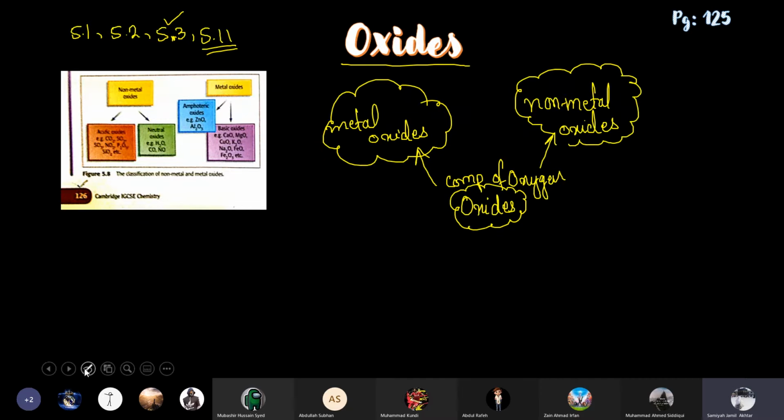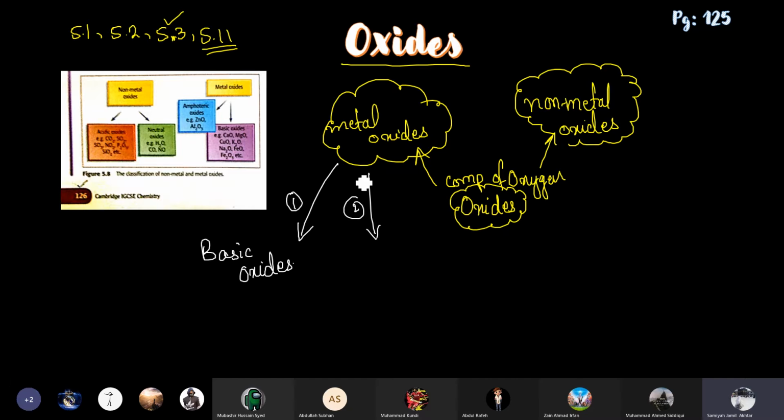Now the metal oxides are again divided into two types, and non-metal oxides are also divided into two types. Metal oxides, number one, are basic oxides. And number two, metal oxides can also be amphoteric in nature, amphoteric oxides.